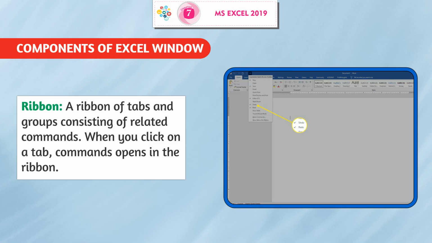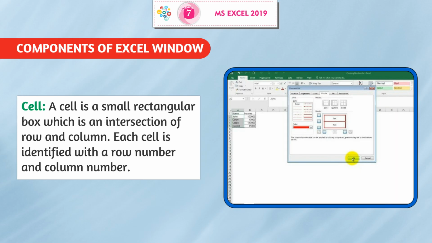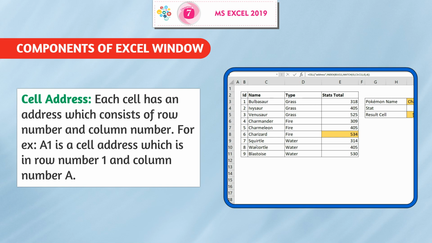Ribbon. A ribbon of tabs and groups consisting of related commands. When you click on a tab, commands open in the ribbon. Cell. A cell is a small rectangular box which is an intersection of row and column. Each cell is identified with a row number and column number. Cell address.